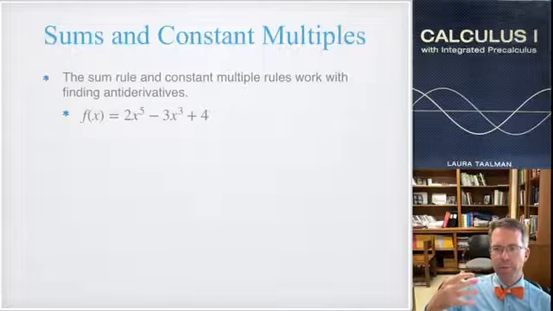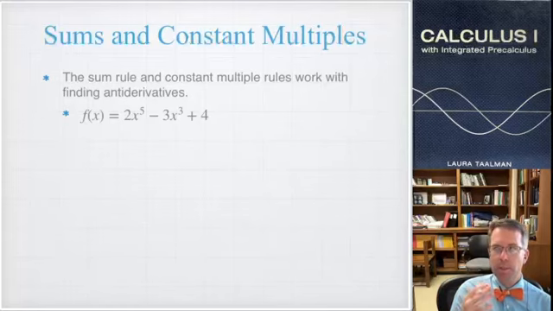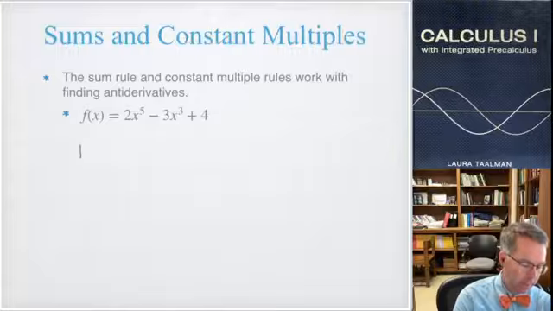Okay, derivatives allow me to focus on one term at a time when I have constant multiples and addition. So because I can focus on one term at a time, antiderivatives will work the same way. I keep the constant multiples, and I work with the powers of each one at a time. So if I saw this polynomial and I wanted to find an antiderivative, I could add a constant later.